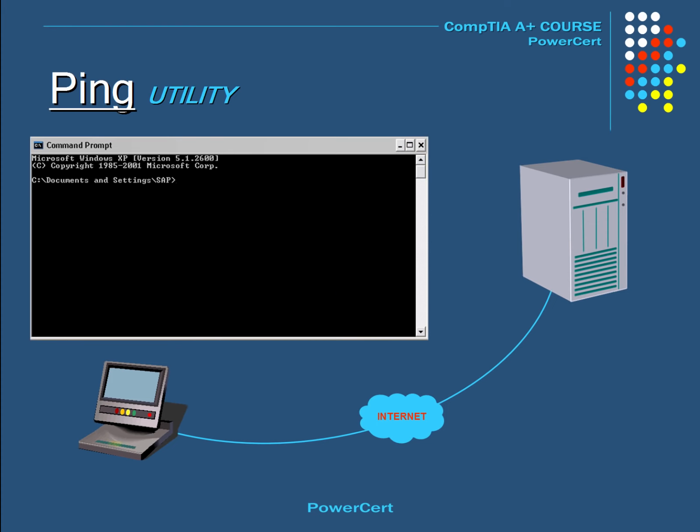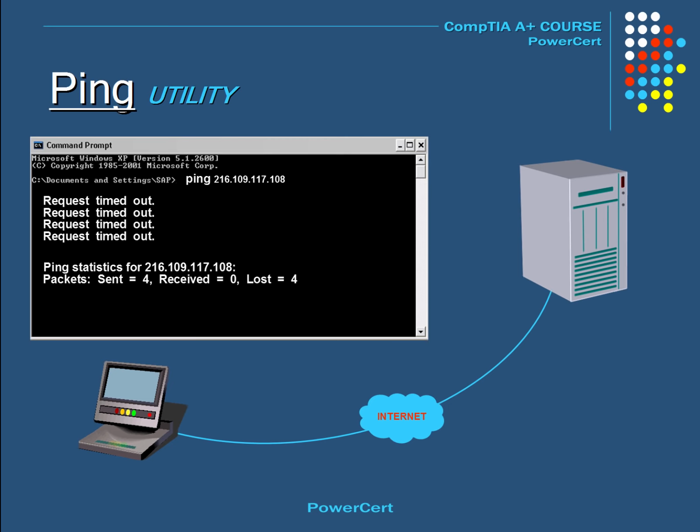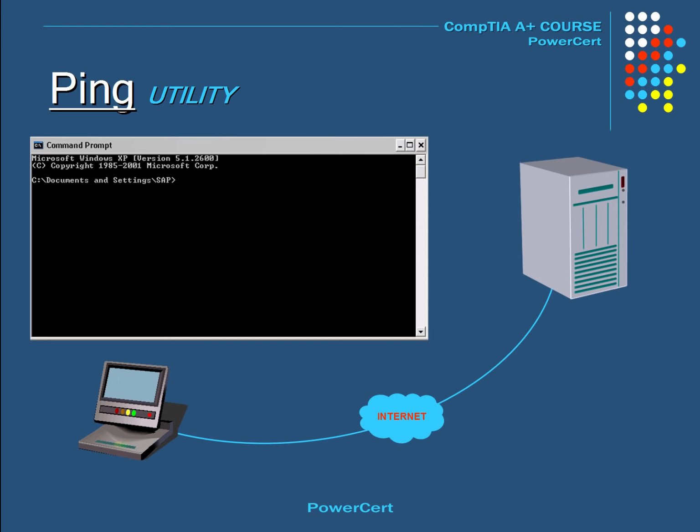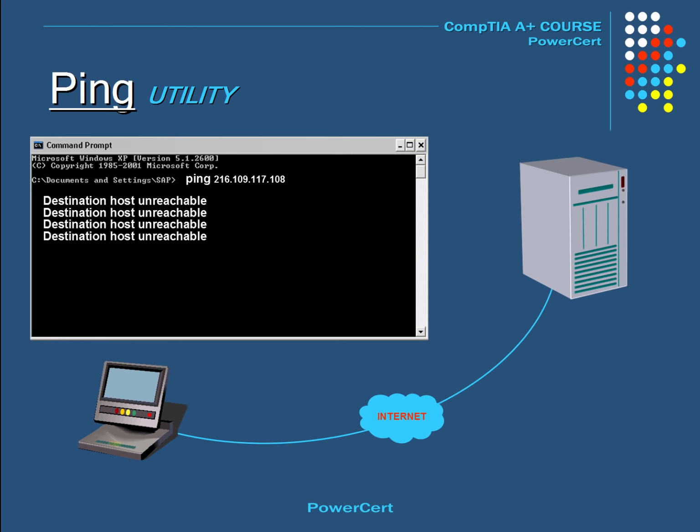If we pinged the host and got a message that says request timed out, that could mean that the host is down, or that it's blocking all ping requests. Or if we got a message that says destination host unreachable, that message is coming from a router, and it means that a route to the destination cannot be found.